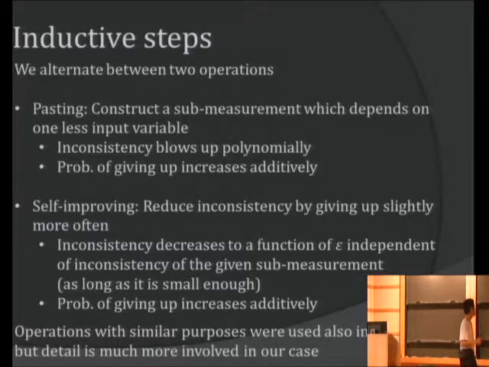in self-improvement, we basically choose the target, so the desired measurement, as an optimal solution to a certain convex programming, and we analyze this optimization, this convex programming, in a geometric way to show it indeed has a desired property.